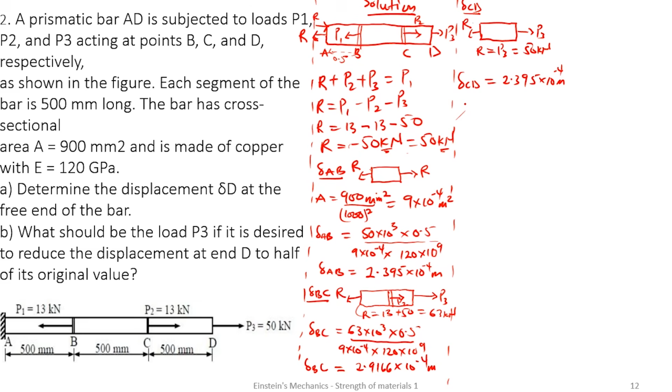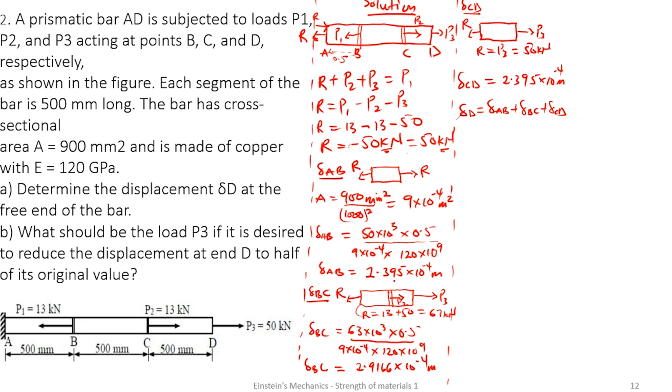Meaning the displacement at the D, which is the total displacement, is going to be displacement at AB. They were all in tensile, so positive, positive. Elongation in BC plus elongation in CD.